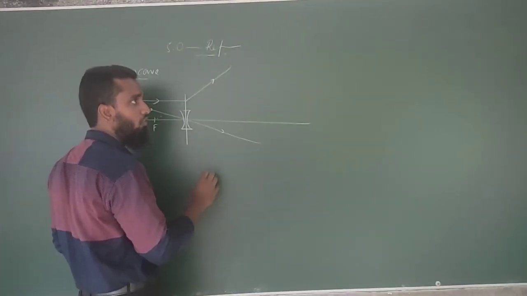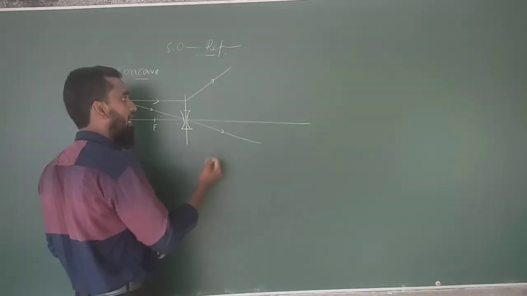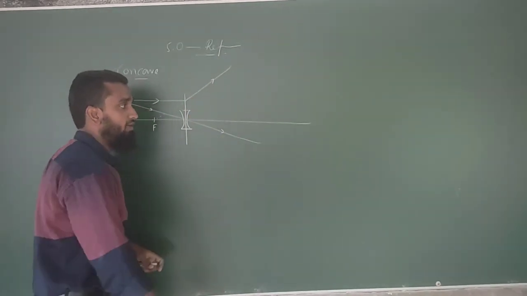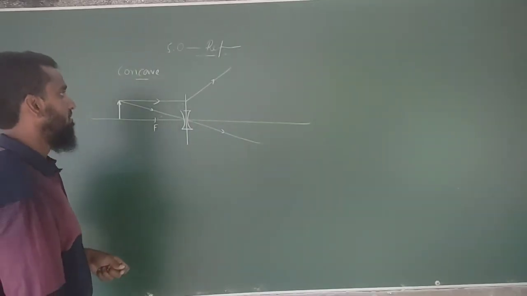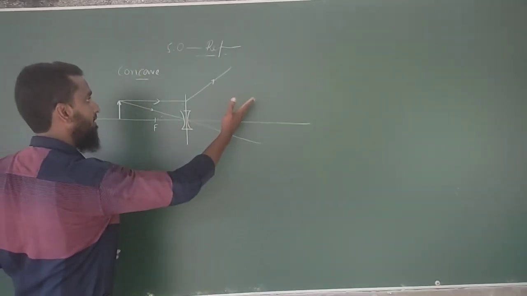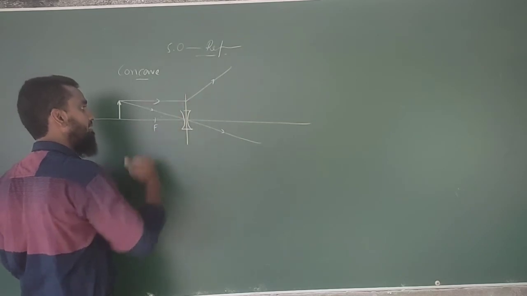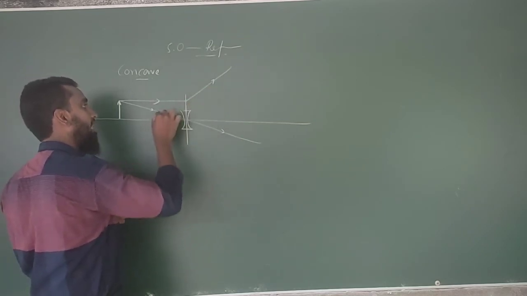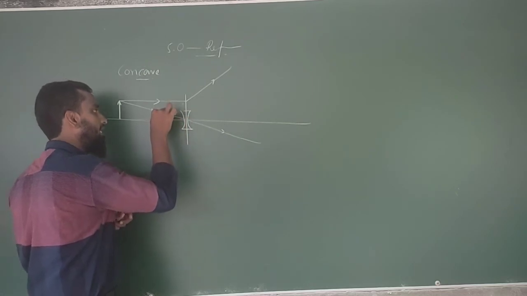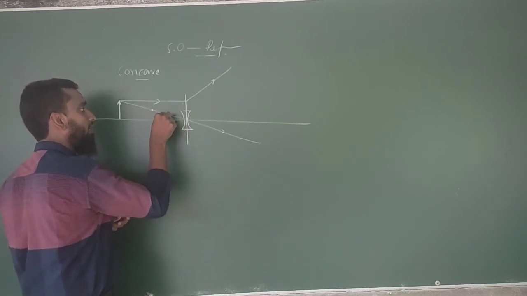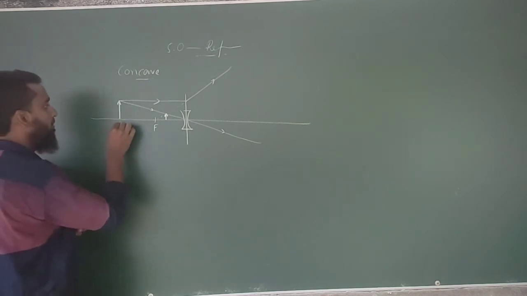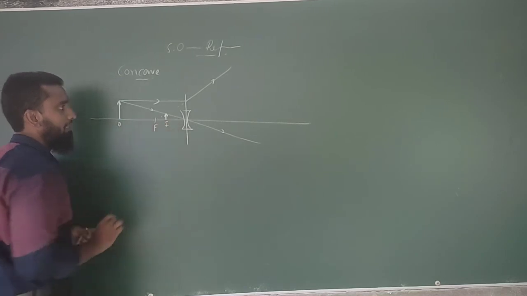Therefore, if you want to obtain the image, then you have to meet these two rays, right? It's not possible in this side, then you have to make it possible in this side, right? Therefore, the place where this line and this line meet is somewhere here. Then you can obtain the image somewhere here, right? Then this is going to be the object, and this is going to be the image.